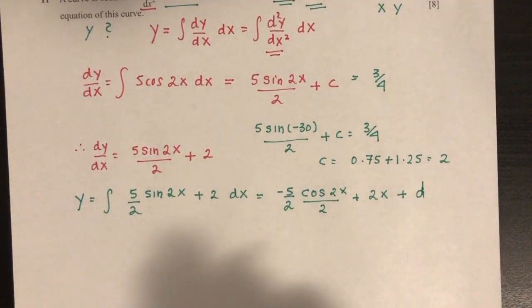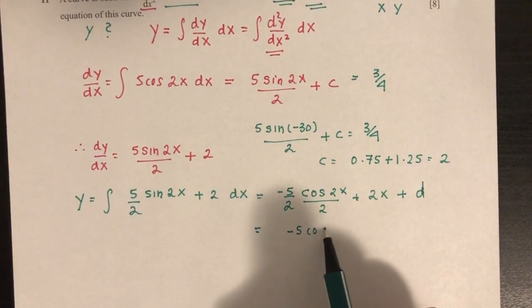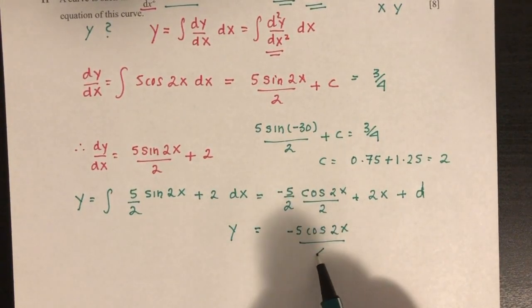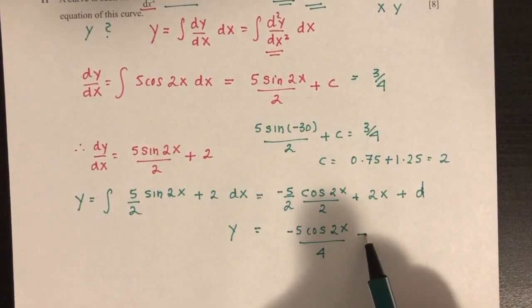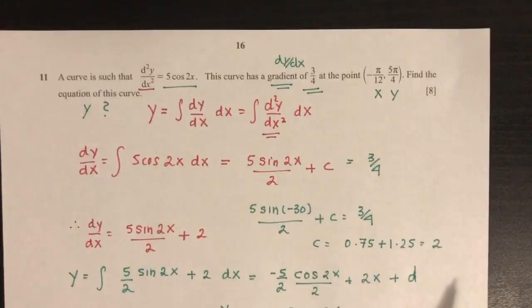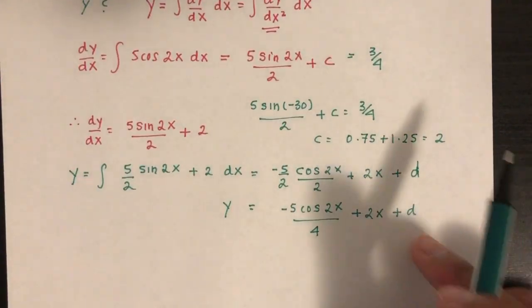Now let's first simplify. You will have minus 5 cos 2x divided by 4, since 2 times 2 is 4, plus 2x plus d. So now we have to use this point, which is x equal to this and y equal to this, to find the value of d.